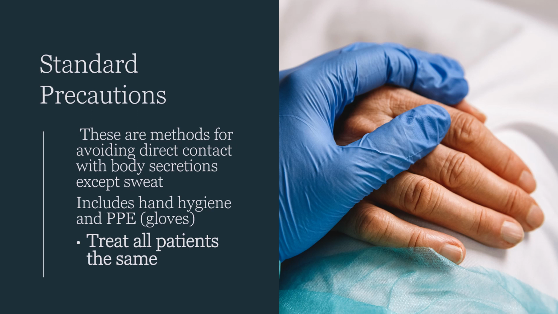If PPE is required for isolation purposes and you have to put all the things on, it's done in the following order. It should first be the gown, followed by the mask, then a respirator or mask, then the goggles or face shield. And finally, the gloves. The gloves are what you put on last. And to take these off, it's the opposite order.